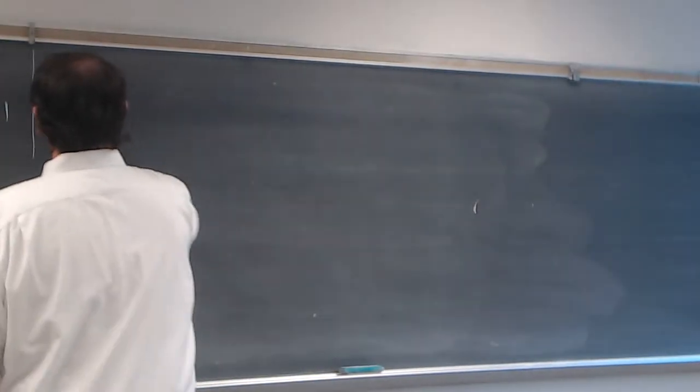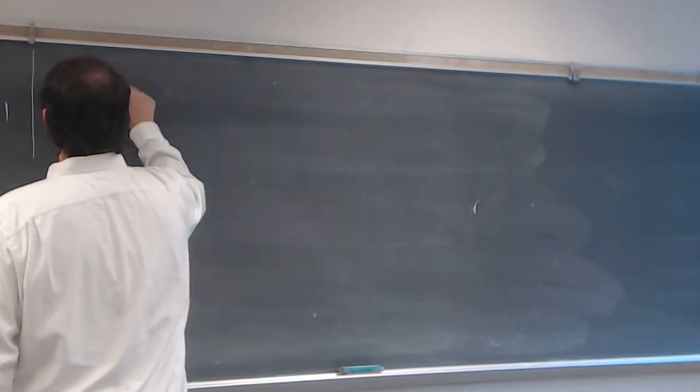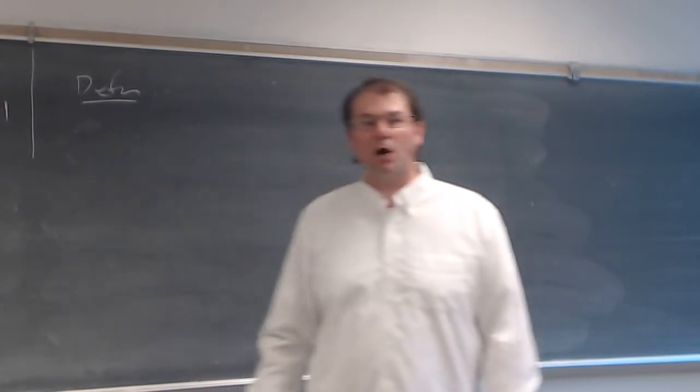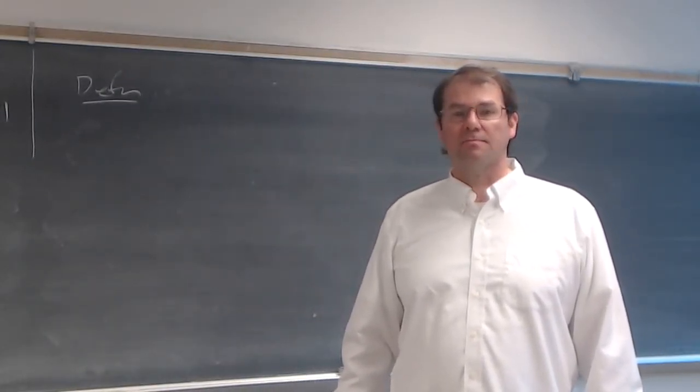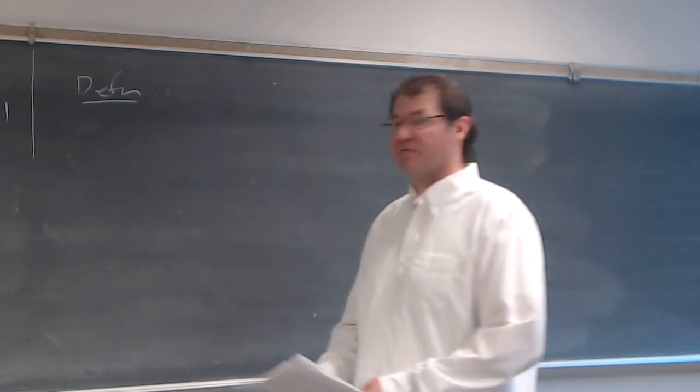So here's the definition. When we're talking about continuous random variables, we're talking about a random variable that can take on uncountably many outcomes. But this is the way we're going to define it.